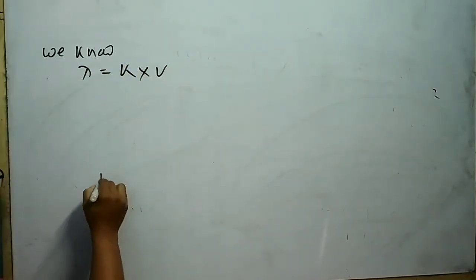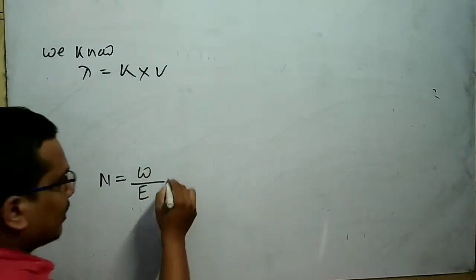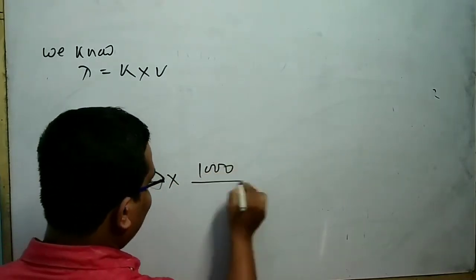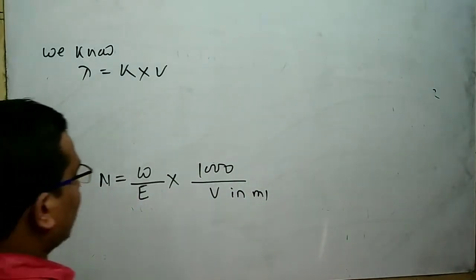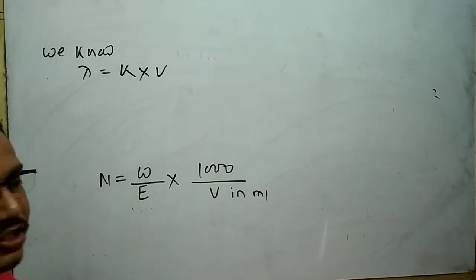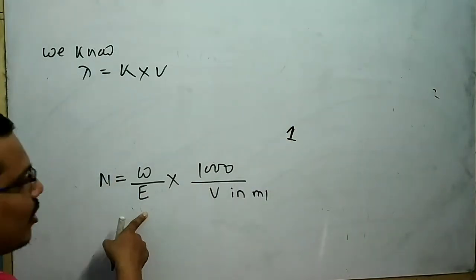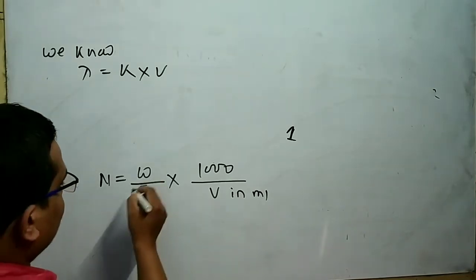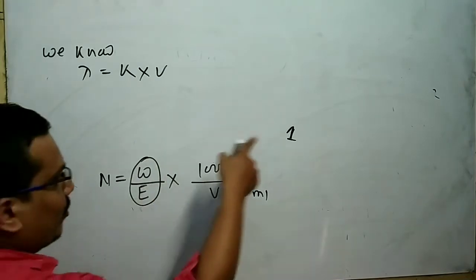Again we know that normality equal to Wi by equivalent mass into 1000 by V in ml. According to the definition, the number of equivalent mass is equal to 1. Here Wi denotes the number of equivalent mass. So here Wi is equal to 1.